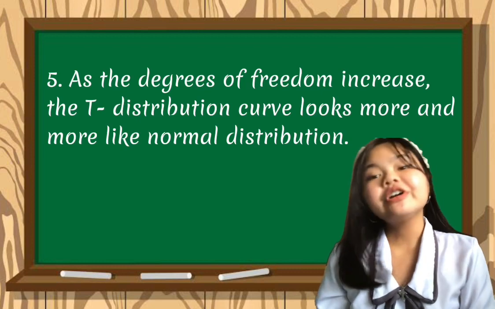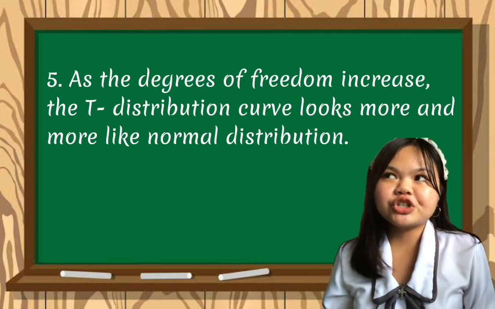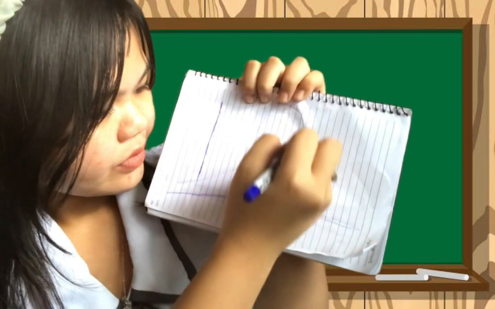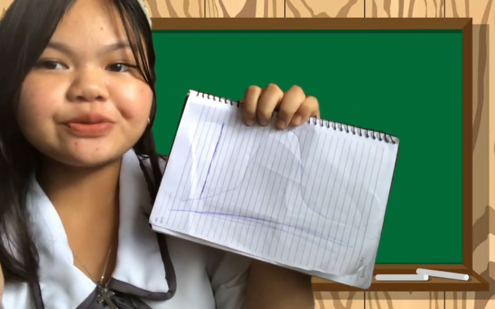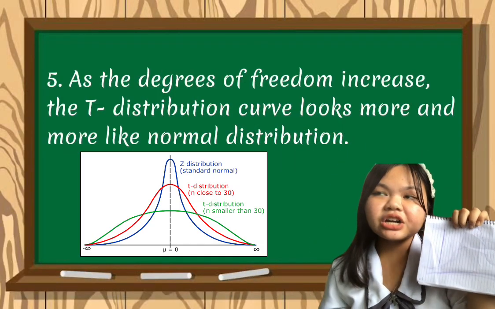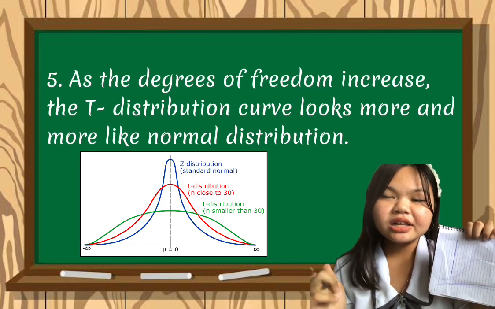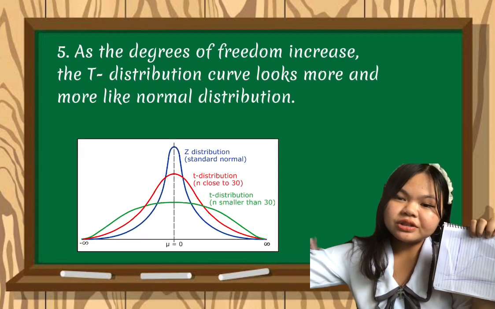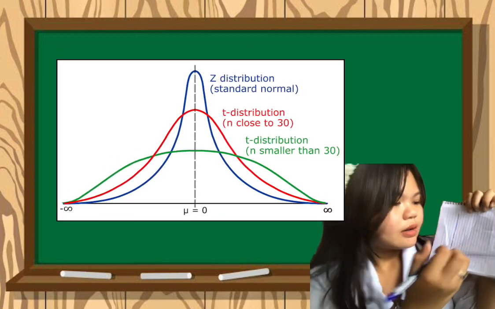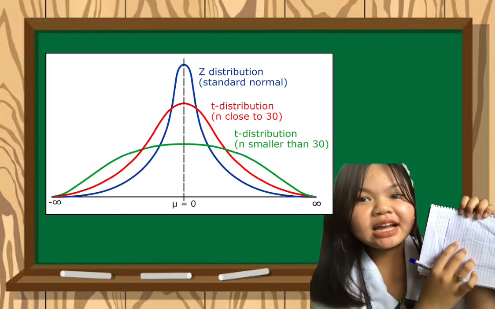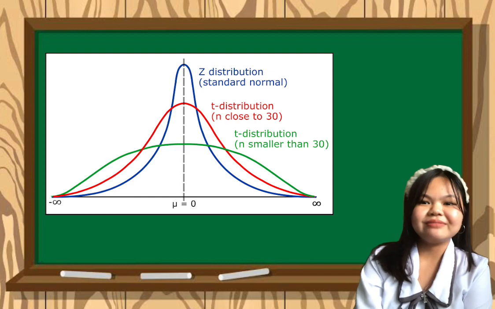For example, the T distribution has heavier tails, while the normal distribution has tails like this. Both are curves or bell-shaped and symmetrical. But as the degrees of freedom get larger, it becomes the same as the normal distribution, because its degrees of freedom keep increasing.